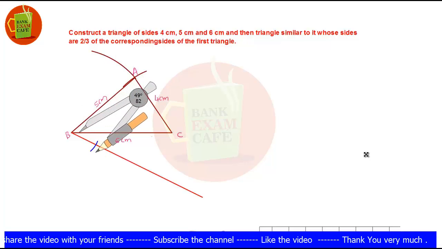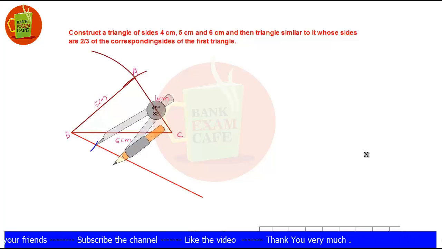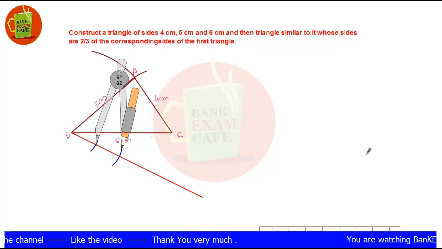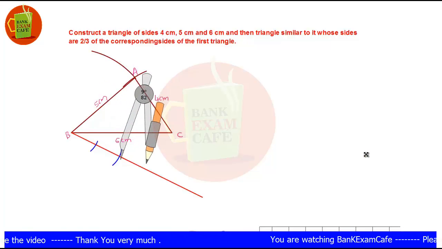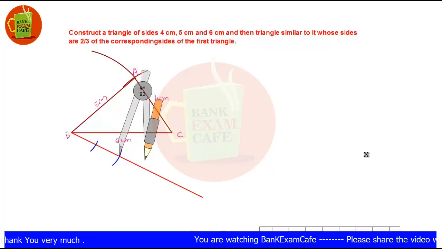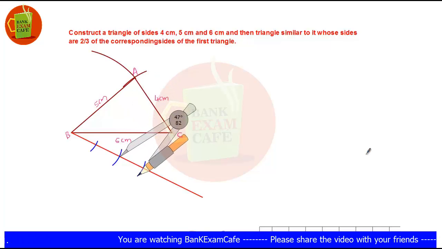then keeping the same distance and taking this point of intersection as a center, draw another arc, and taking this point of intersection as a center and keeping the same distance, draw a third arc.